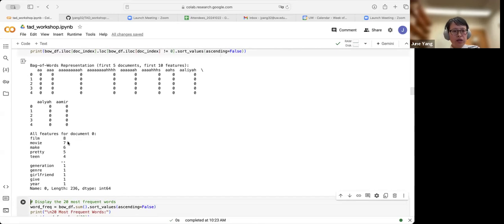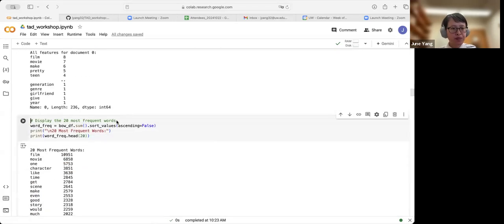Here we might also consider that film and movie are not really adding additional information to my research purpose. It's expected that a movie review will contain keywords such as film and movie. So we might want to go back and change the stop word list as we observe all these features, and remove those that are really frequent but are not adding additional information to our research task.